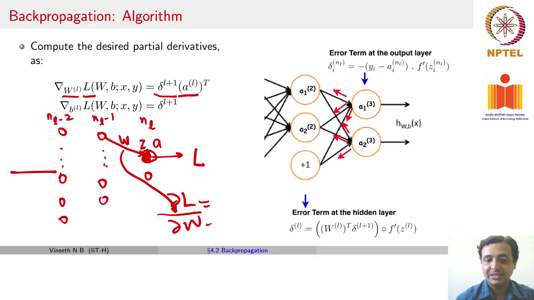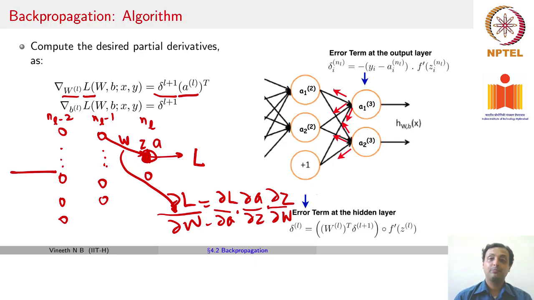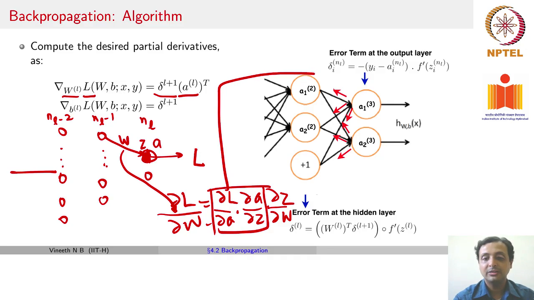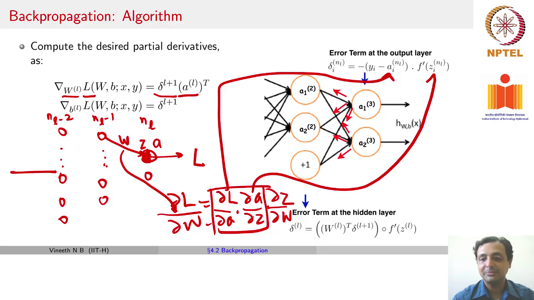The chain rule tells us this is dou L by dou A times dou A by dou Z times dou Z by dou W. Now dou L by dou A is exactly this term here, the derivative of the loss with respect to A. Dou A by dou Z is exactly this term here, which is the gradient of the activation function, f prime.